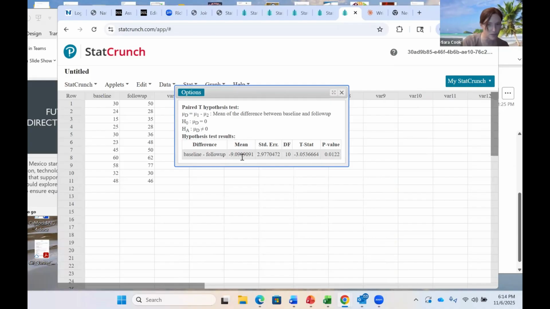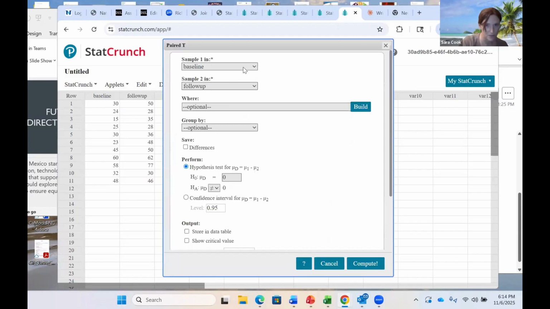No, they actually improved by 9 points, because we took their baseline score and subtracted their follow-up score, giving us a negative value, meaning the follow-up score is bigger than the baseline score. To me, that's very confusing when I'm looking at it, because I'm thinking, what, they went down 9 points? No, they improved by 9 points. That would be terrible if you paid all that money for PT and it actually got worse.